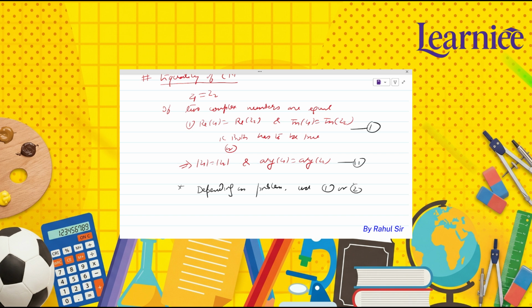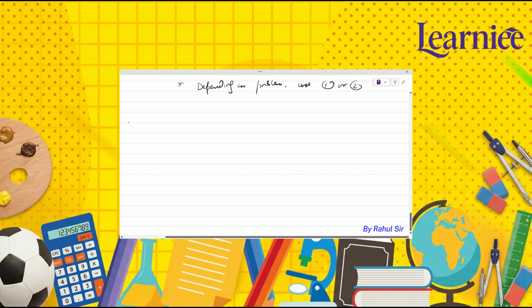Next is the inequality of a complex number. See, the problem is if someone says z1 is greater than z2, this is an inequality.